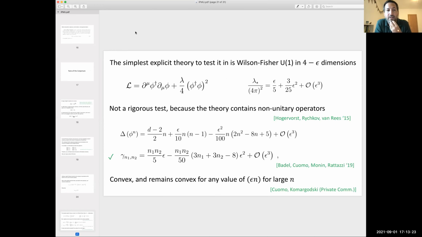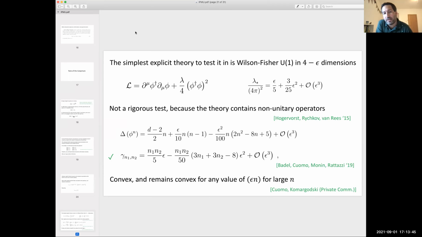Okay, so we go to the next thing. This is what we'll try to calculate. The simplest theory we can try to calculate this at is the Wilson-Fisher fixed point for U(1) theory in 4 minus epsilon dimensions. This is the theory here, and this has this fixed point. Now, this is not really a rigorous test of the conjecture because the theory actually contains non-unitary operators.